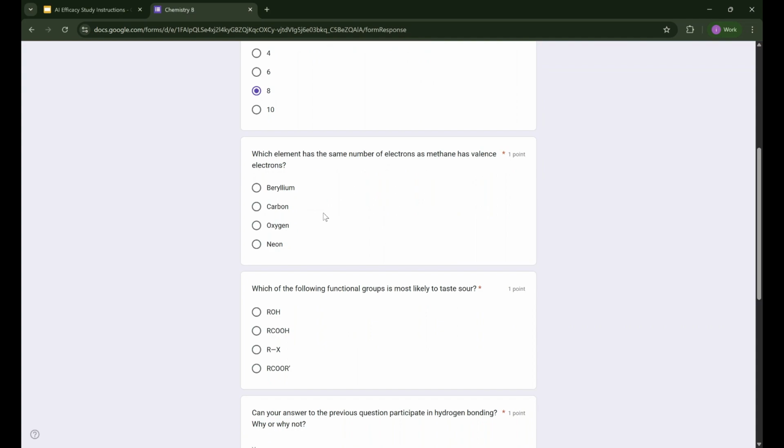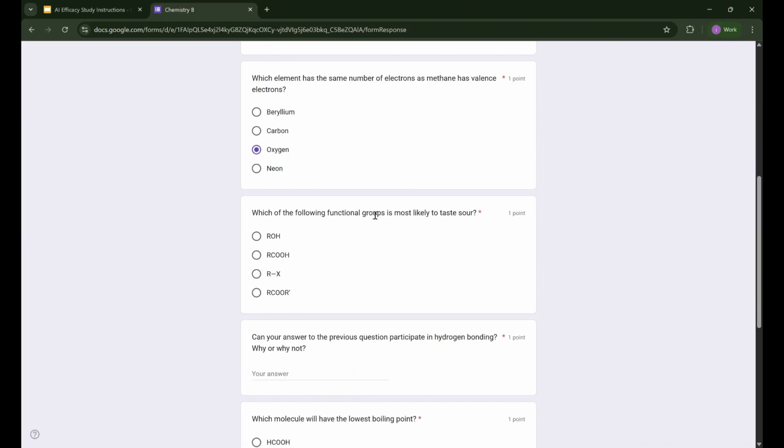Hydrogen, helium, lithium, beryllium, boron, carbon, nitrogen, oxygen. So I guess has the same number of electrons as methane has valence electrons. So if they're an atom, then I guess it's got to be carbon. Oxygen. Oxygen's 8. Let me just check that one more time. Hydrogen, helium, lithium, beryllium, boron, carbon, nitrogen, oxygen. Yeah, okay, oxygen.